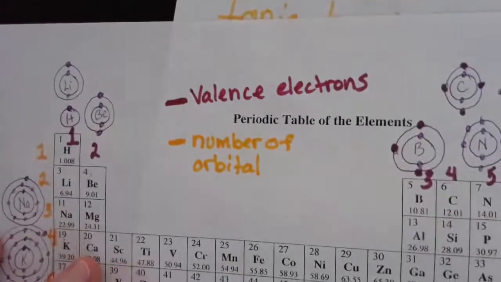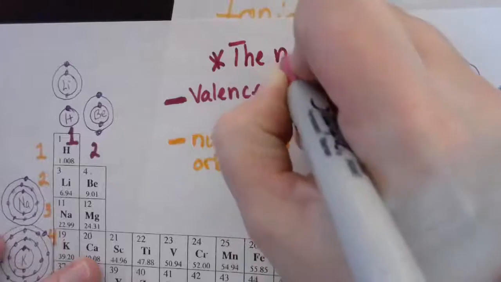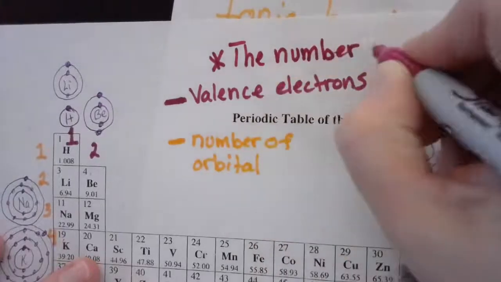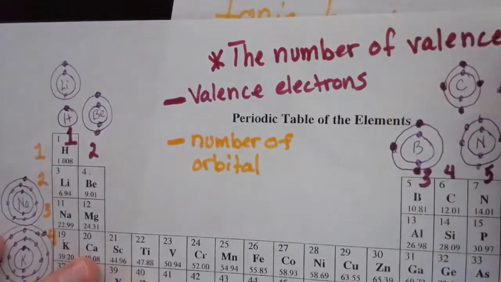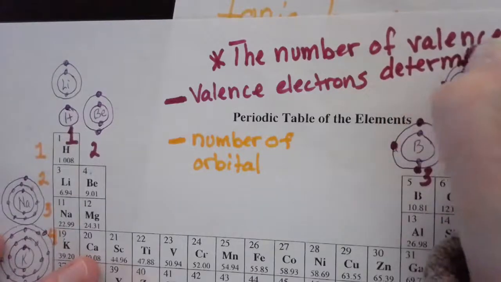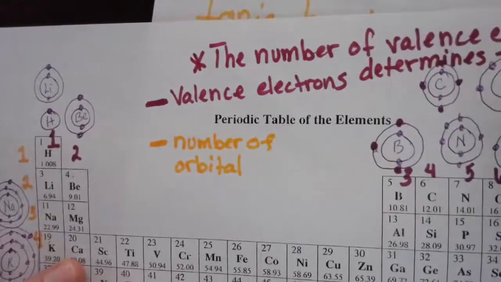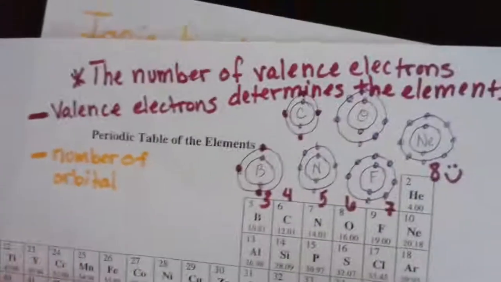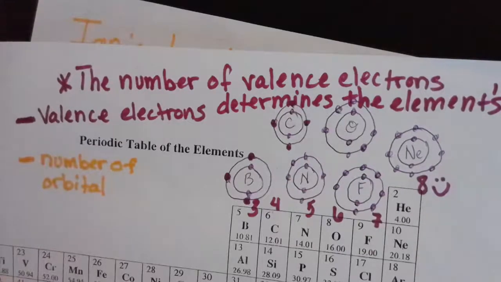And something that's very, very important: the number of valence electrons determines the element's characteristics.